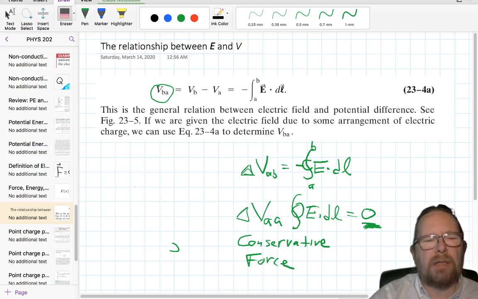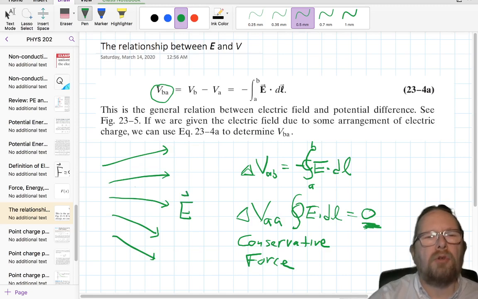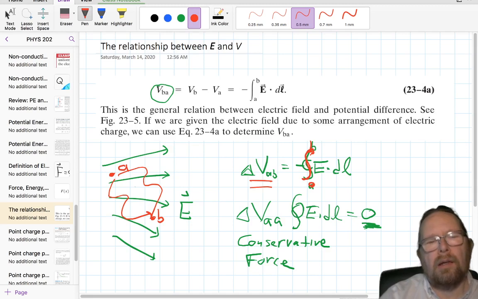If you've got some field E in space that might vary from point to point in a complicated way, and you've got two points, A and B, this integral does not depend and cannot depend on the path that you take going from A to B. So if you integrate E dot dl over this path, and you integrate E dot dl over that path, the change in potential has to be the same because the potential only depends on position.